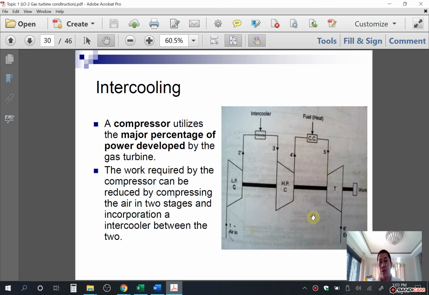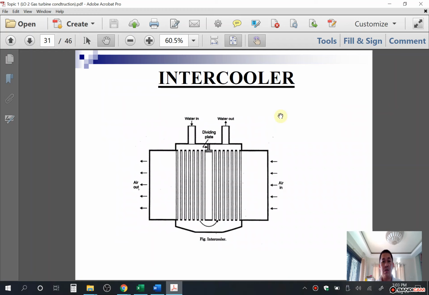So in between this low pressure and high pressure, there is an intercooler. So that is intercooling. This is the intercooler. So air inlet here and air out here.